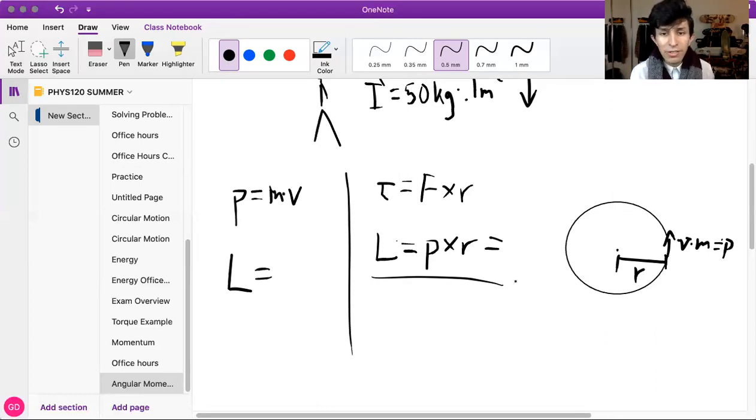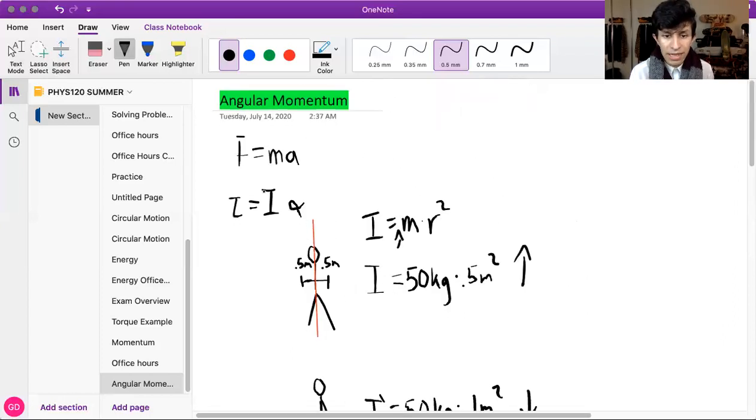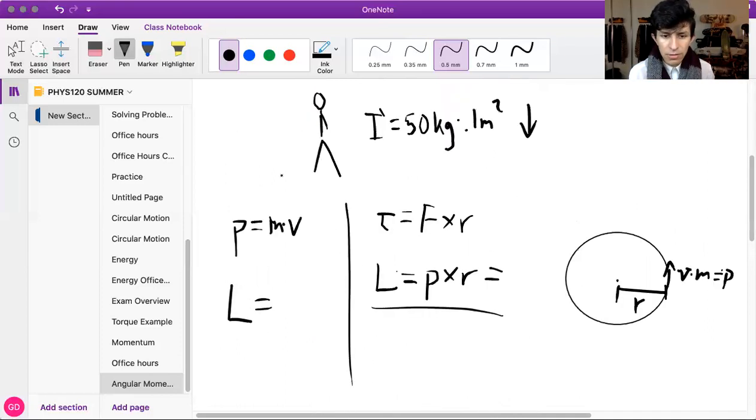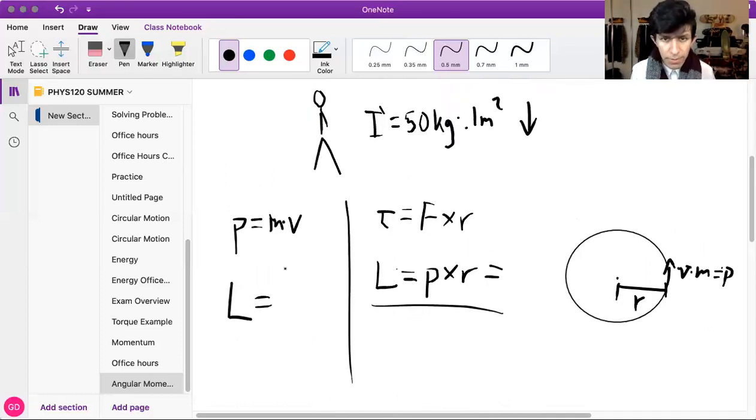Or we can do what we did to torque earlier on, like this. We can do that too. So both equations are applicable. You can use either of them. And I highly recommend, in questions that you get, whatever information they give you, if this is an angular momentum problem and they give you linear momentum and you know the radius, you're going to be using this equation right here.